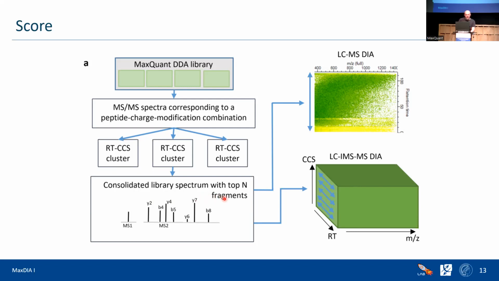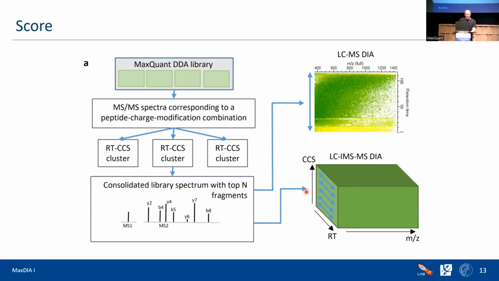And then from these, we take the top n fragments, meaning top n by intensity, and that's what we want to find back in the sample when we match the library with the sample. At least in the first round of matching, we have to go through all retention times and judge if this consolidated library spectrum can be found in the sample at this particular retention time.